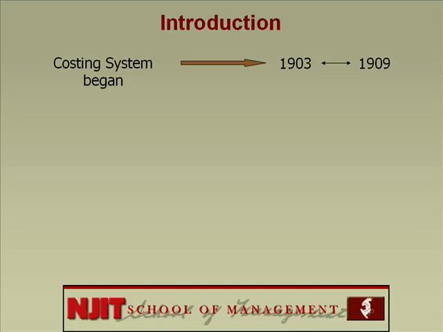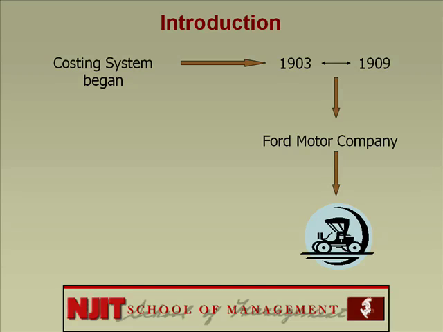Around this time, Ford made the small black identical cars. You know it. Guess the name of it? The T model.